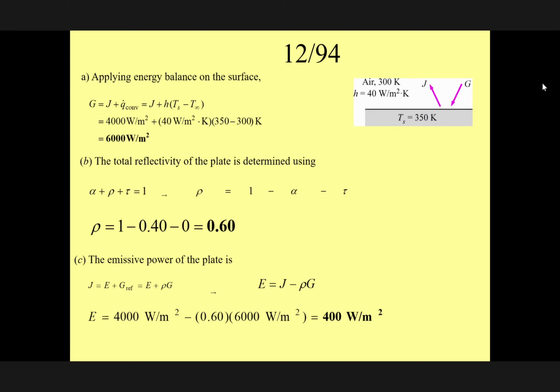Sir, could you repeat what is tau again? It represents the transmission, how much energy is transmitted through the plate. Okay, thanks.